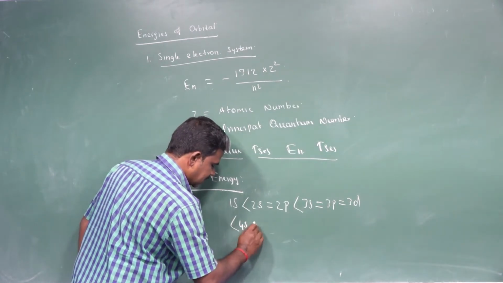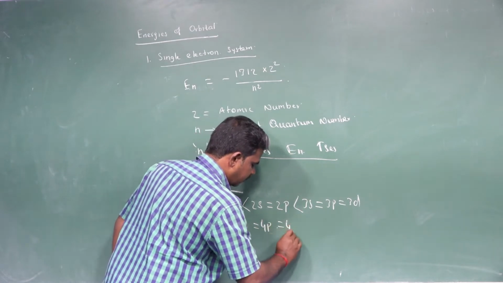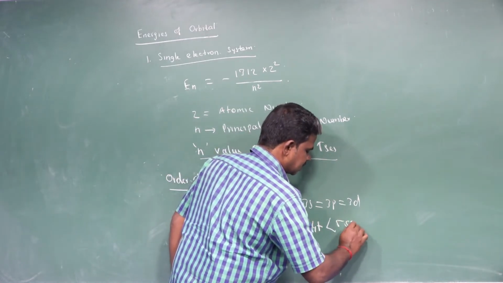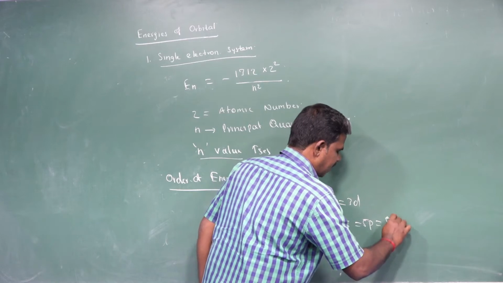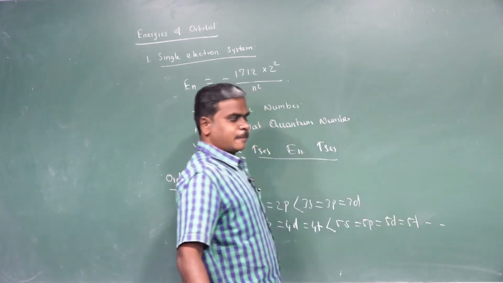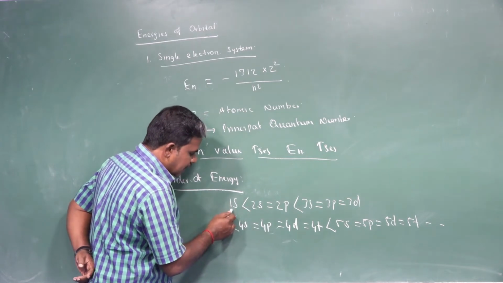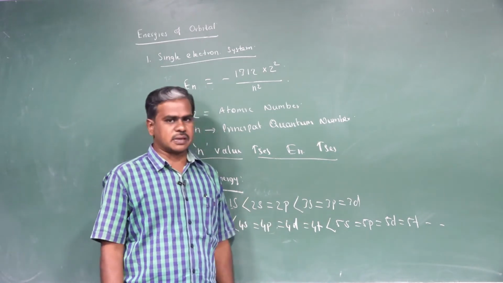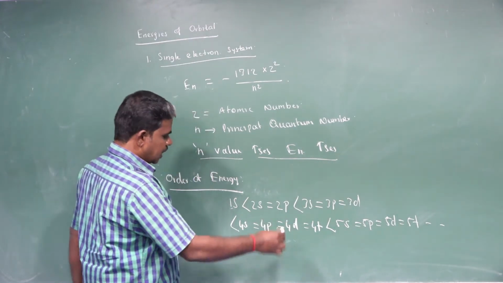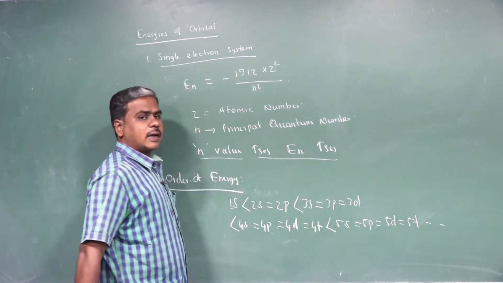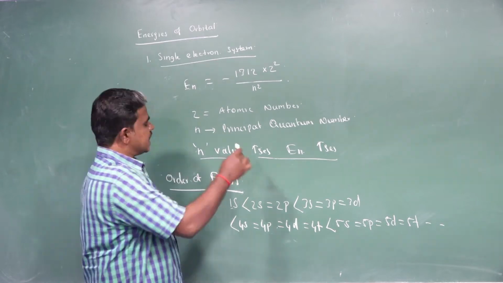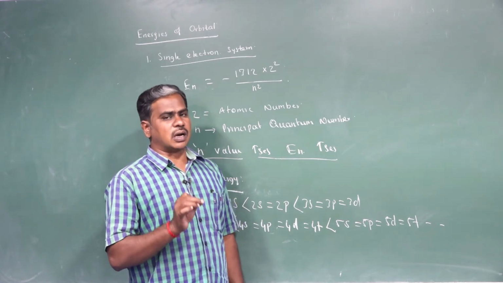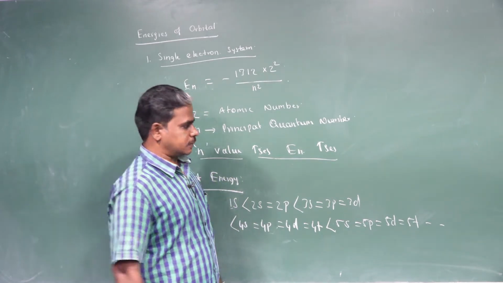Here 4s is equal to 4p, 4d and 4f, and 5s is equal to 5p, 5d and 5f, likewise. Here the numbers 1, 2, 3 represent the principal quantum number, and s, p, d and f represent the azimuthal quantum number. As the n value increases, the energy of the electron also increases. It is applicable only for a single electron system.